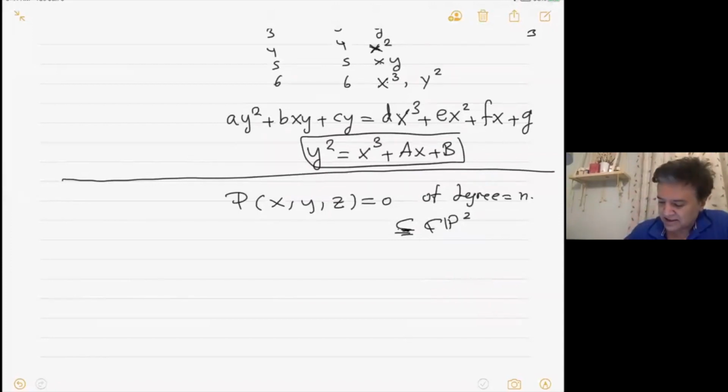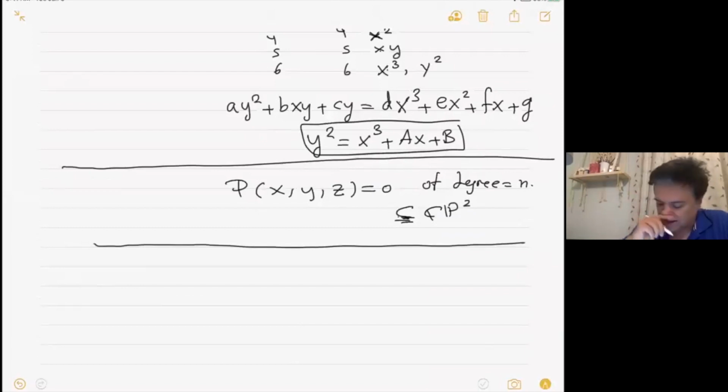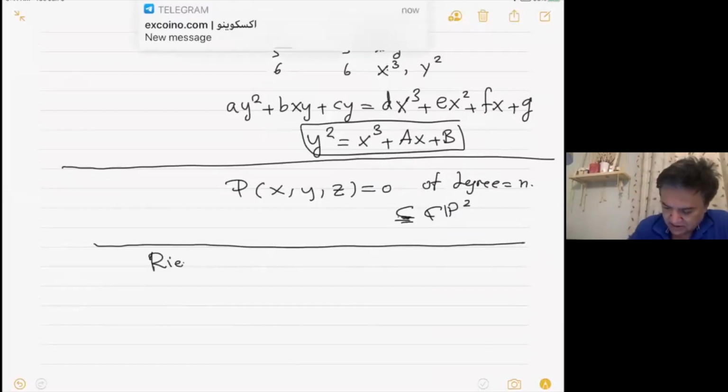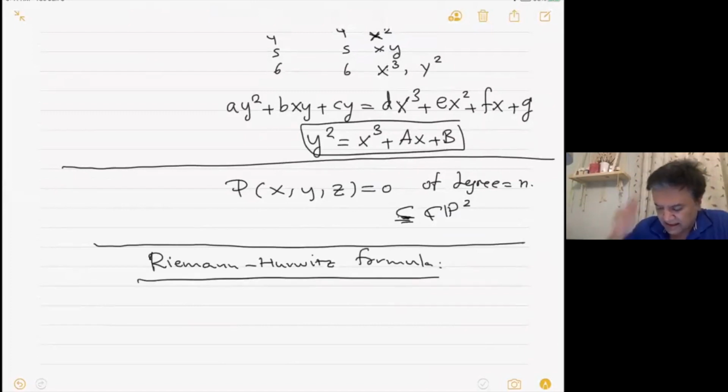To do this, I want to warm up by talking a little bit about the Riemann-Hurwitz formula, and telling you a little bit about, sorry.